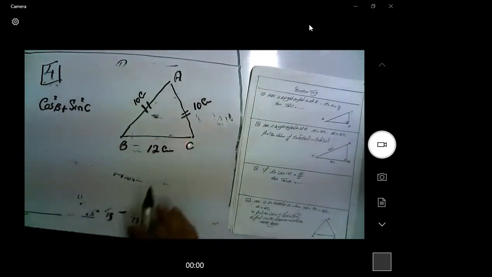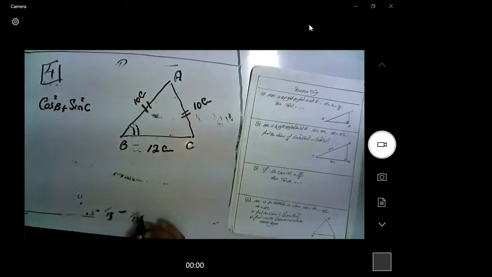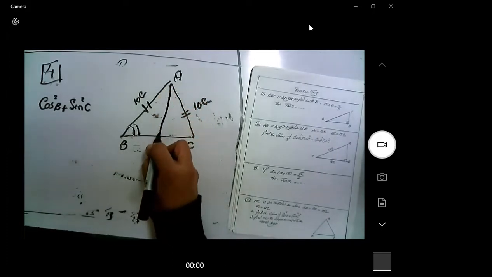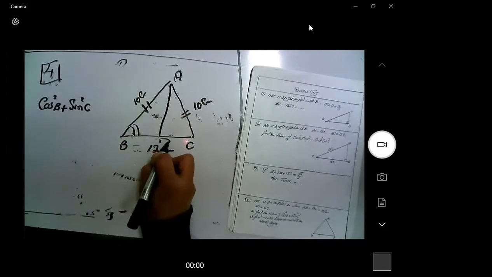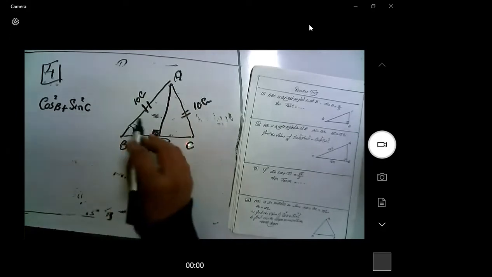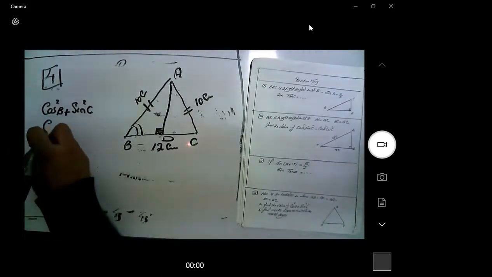We don't have a right-angled triangle. We have an isosceles triangle ABC. So to get cosine angle B, we will draw AD perpendicular to BC. This is the first step to get cosine angle C because we don't have a right-angled triangle. Construction: draw AD perpendicular to BC.